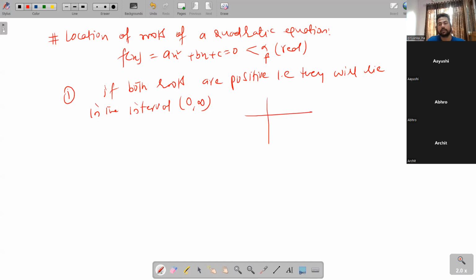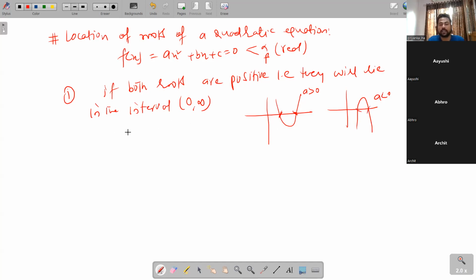Means the graph either will be like this if the leading coefficient is positive, or if the leading coefficient is negative, the graph will be like this. So both the roots, the points of intersection with the x-axis, will lie in 0 to infinity, right?